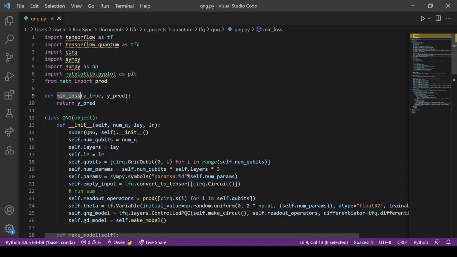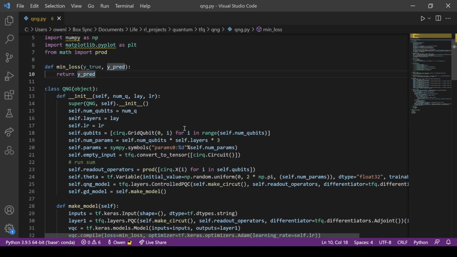Normally you have some cost function in your neural network that you're minimizing, but in this case, we're just directly minimizing the output of a model. So we just want to minimize y predicted, but that's just a way to do that automatically in Keras's sequential modeling, but that's not that relevant.